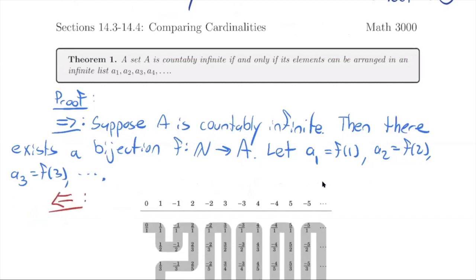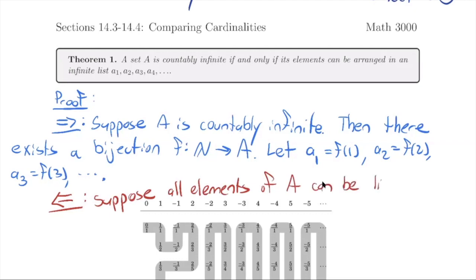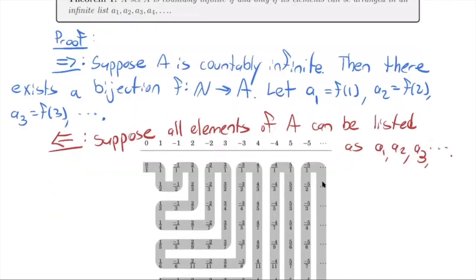Now consider the reverse direction, meaning if the elements of A can be ordered, then we need a map from the natural numbers into A in order to claim that A is countably infinite.